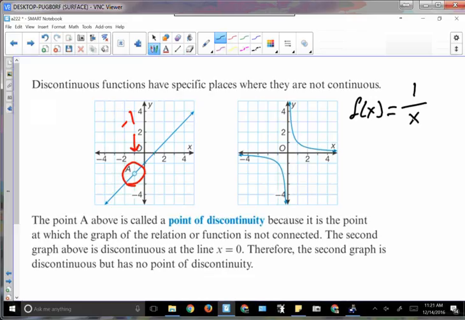Well, you get division by 0, which you cannot do. So that means that the point of discontinuity here is where x is equal to 0. Here, it was where x was equal to -1. So whenever we're finding the point of discontinuity, you need to take a look at where the gap is, and always in terms of what x is equal to. Questions, guys?